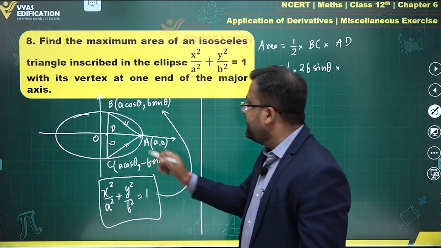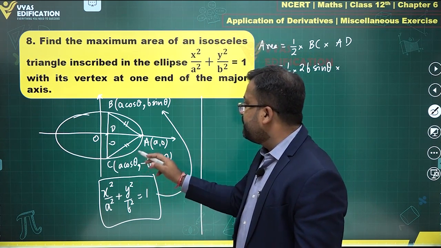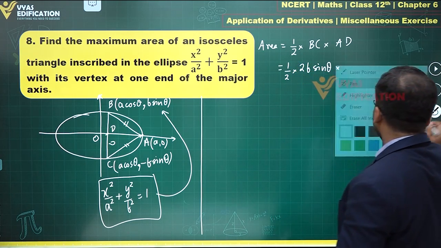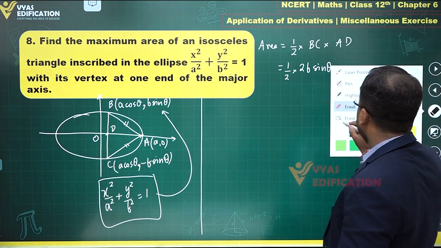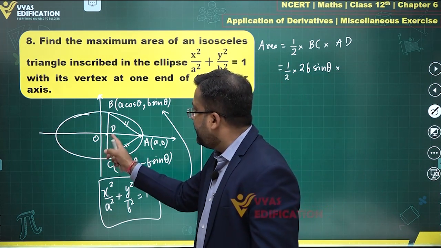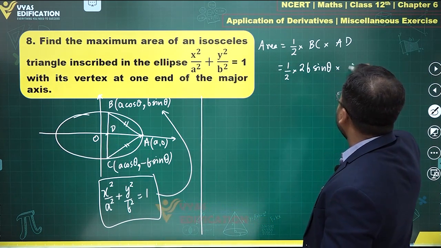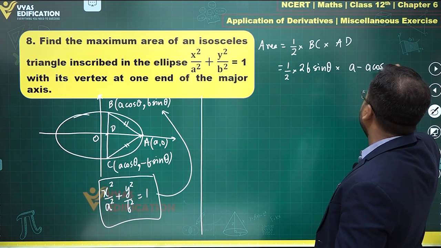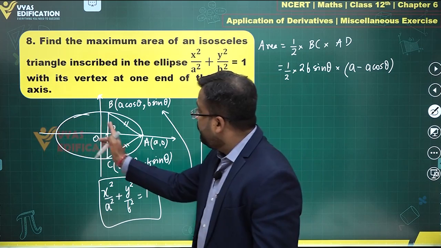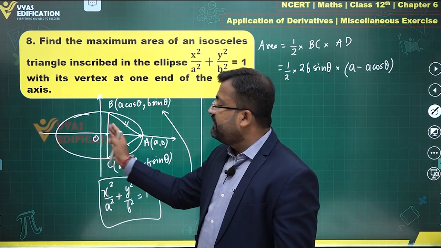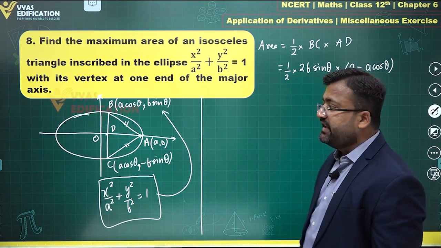If you find this OA, this is a, and correspondingly if you find OD, first you find OA, that is a, and OD is a cos θ. So this is a - a cos θ. Although if a cos θ shifts that side, it would have been a + a cos θ.